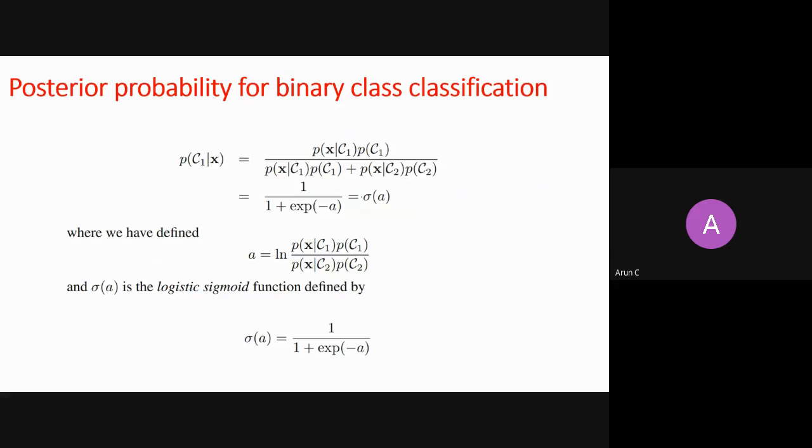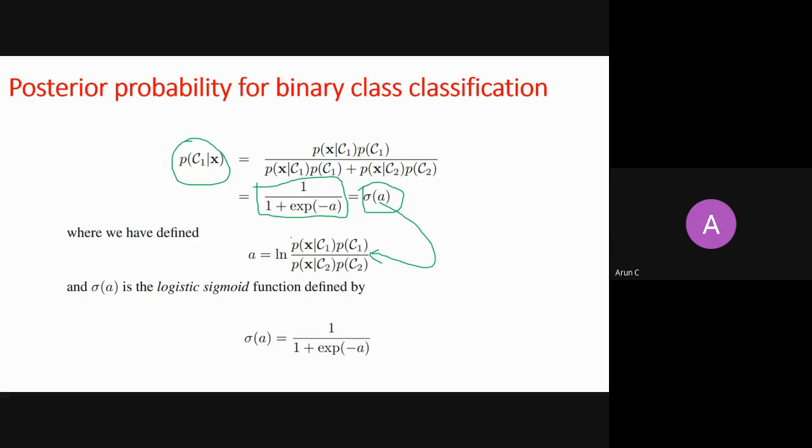But representing it this way, I can write my posterior probability in terms of the sigmoid function, where my parameter A can be shown this way. It is the log ratio of these.